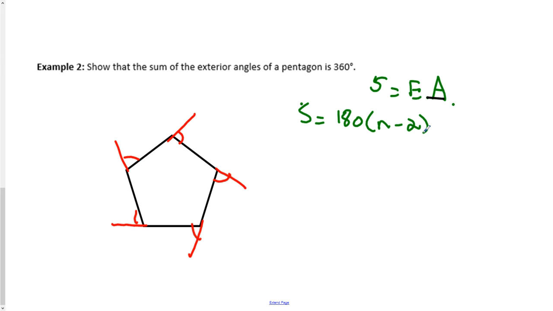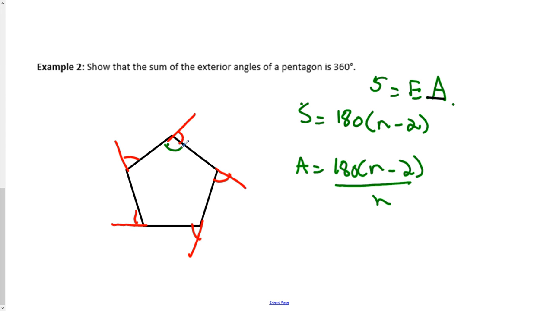And if I want to find the measurement of an individual angle, it's 180 times n minus 2, over n. So if I use this formula here, that's going to give me this guy here.